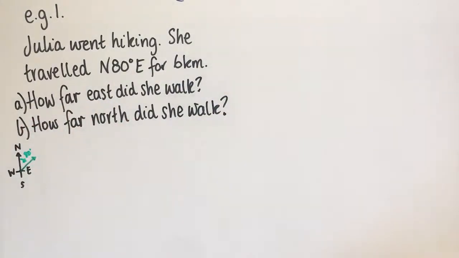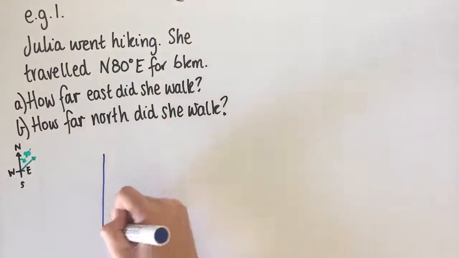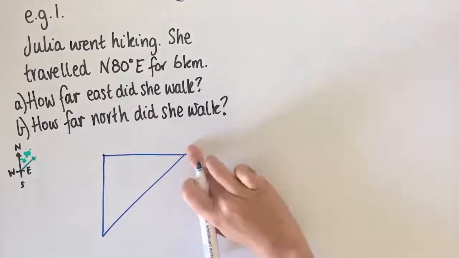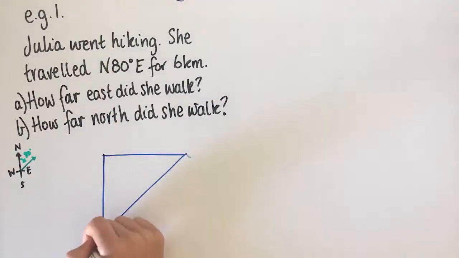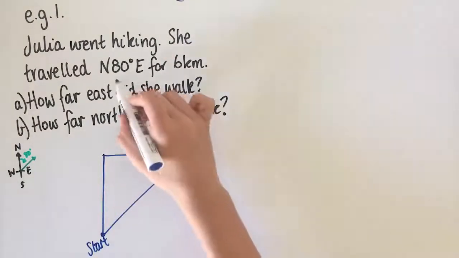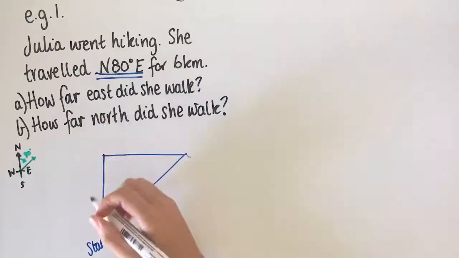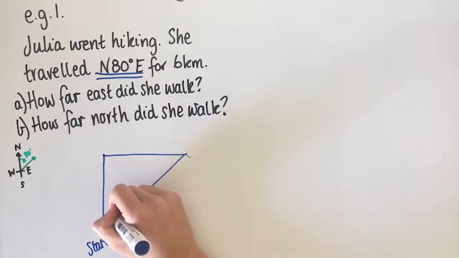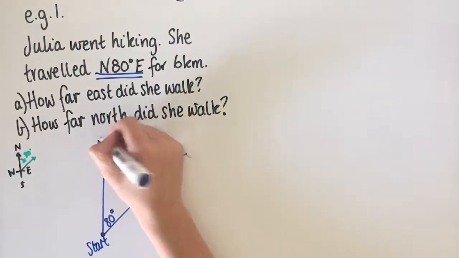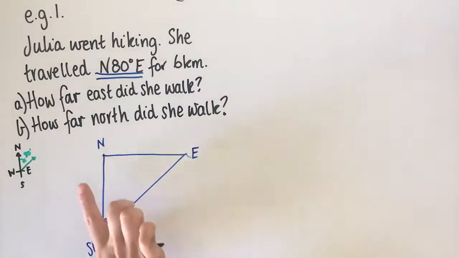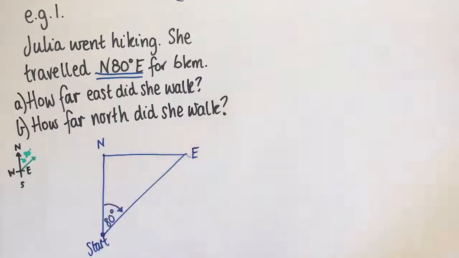If I was to draw a triangle, because it's trigonometry, so there's going to be a triangle, this is where Julia started, so this is the start point. She travelled 80 degrees, so 80 degrees is going to go here, because this is north and this is east. So north to east, it's 80 degrees from that way.